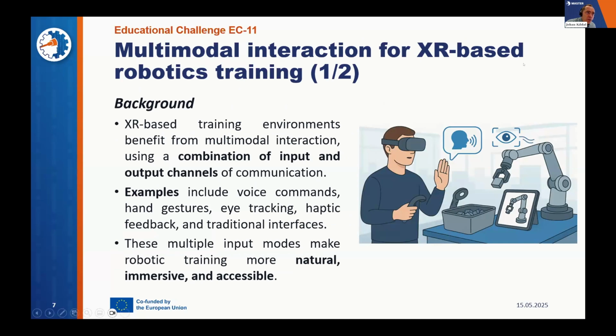We're going to talk about multimodal interaction for XR-based robotic training, which I see in my mind as a little bit connected with the previous one, but it's a topic on its own. Communication with a robot can happen through many channels, and multimodality looks into providing multiple channels of communication, both input, the person towards the system, or output, the system presenting information for the person.